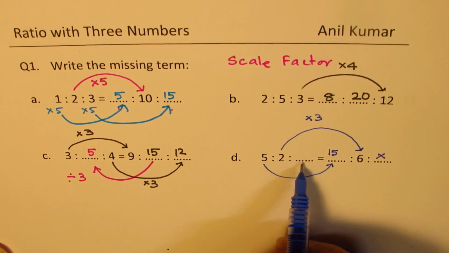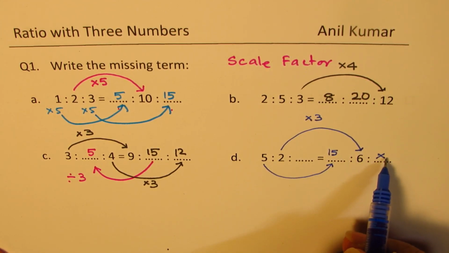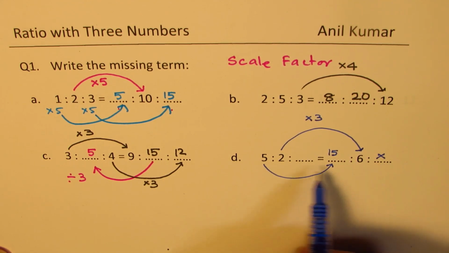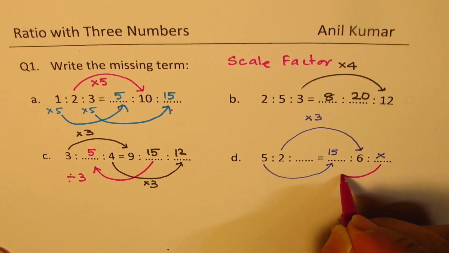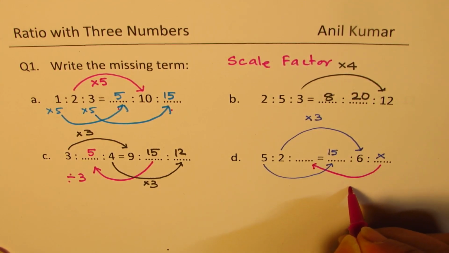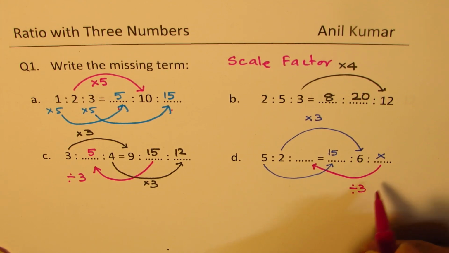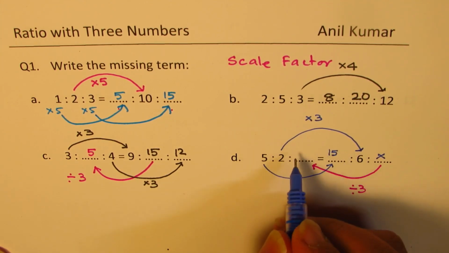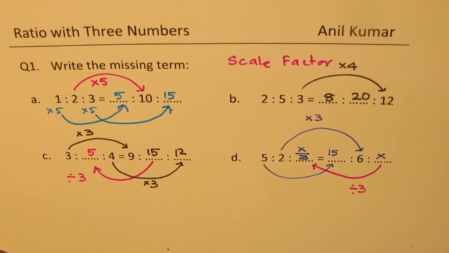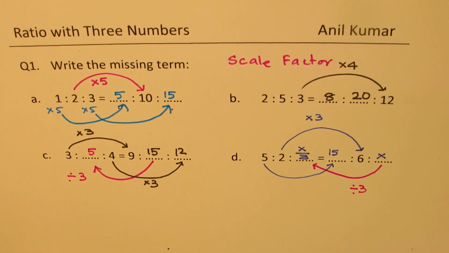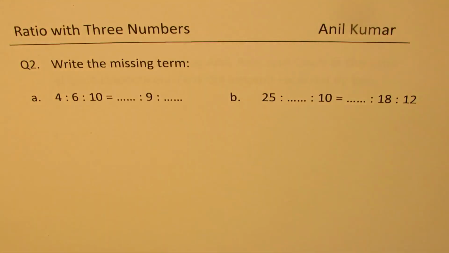However, to get the number on the left side, if x is some number on the right side, what are we going to do? We are going to divide by 3, right? So the number here should be x divided by 3. Is that clear to you? So that is how you should be solving such questions. Let's move forward and take slightly difficult questions on a similar background.